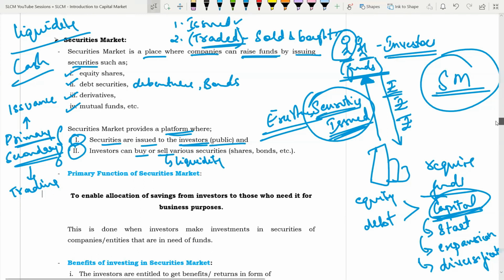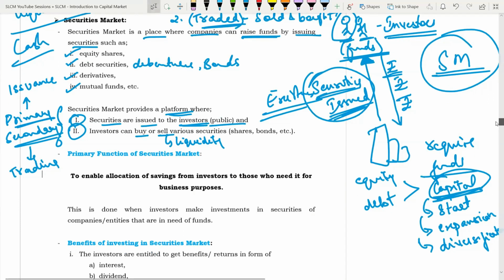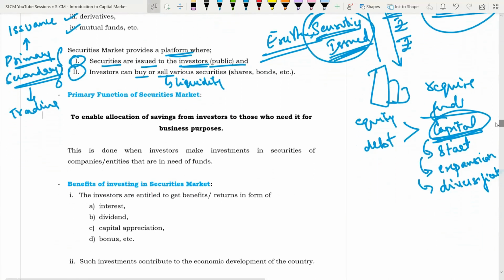We have understood the basic mode of what the securities market does and what platforms are provided. But what is the main primary function of this securities market? It is the same as that of the financial market, where we are able to allocate the savings from the investors to those who are in need for business purposes. So the transfer of funds from the investors to the business takes place in this securities market.